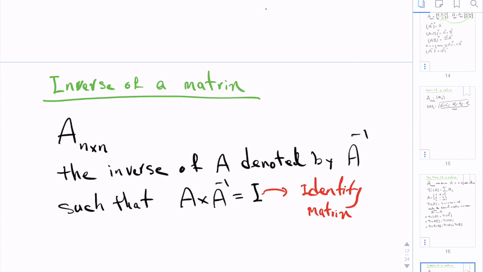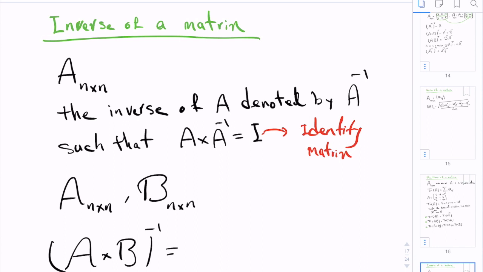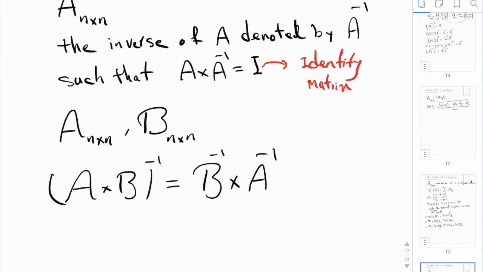There are some properties associated with the inverse of a matrix. If A and B are n by n matrices, then if you multiply A by B and take the inverse, this is equal to taking the inverse of B and then multiplying by the inverse of A. Also, if you transpose a matrix and take the inverse, this is equivalent to taking the inverse and then transposing the matrix.